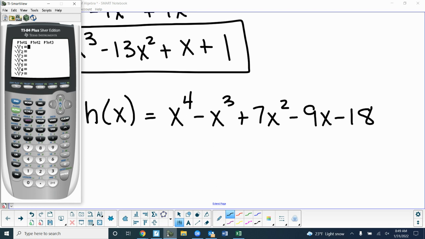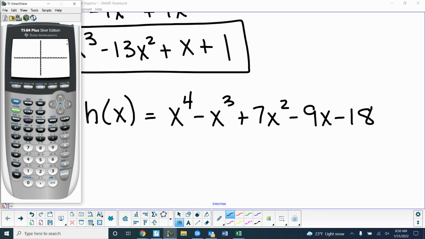All right, so that's all I'm going to do is put that in my calculator. X to the 4th minus x to the 3rd plus 7x squared minus 9x minus 8.